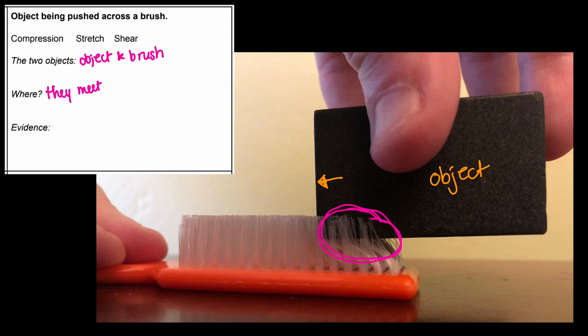Because we're pushing the object across the brush, there is a shear type of interaction that's happening. Okay, so shear. And the shearing is like when you are grazing something, like if you are walking along the wall and your arm is grazing the wall.